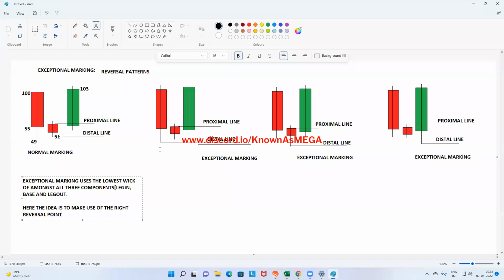So in all the cases where you have marked where the price actually reversed from, there are some buying orders below this point. True or false?